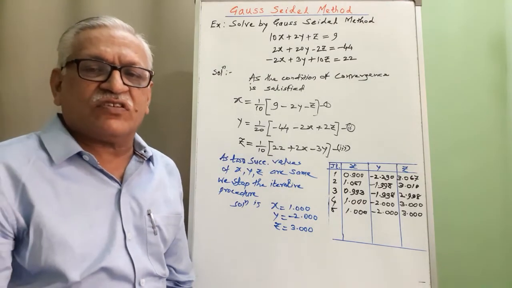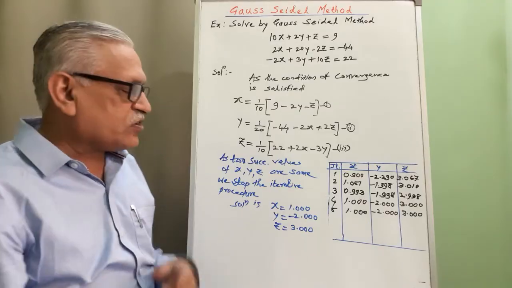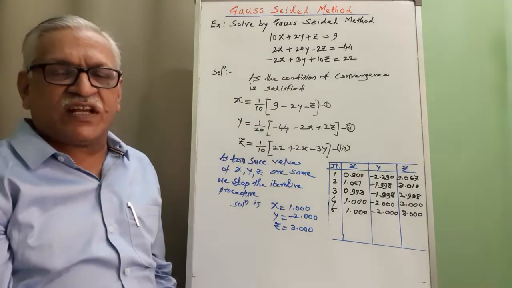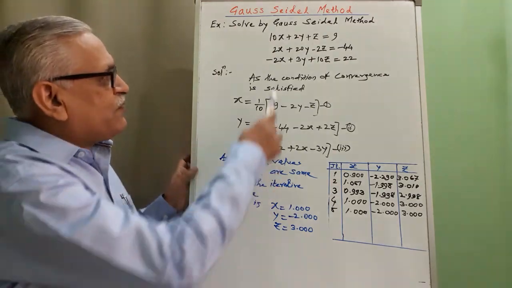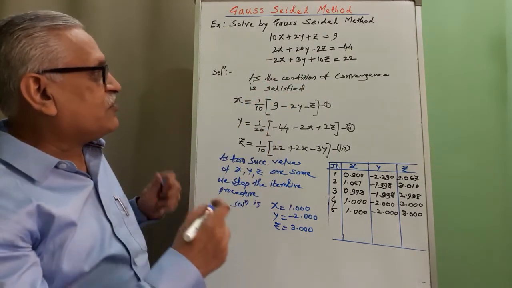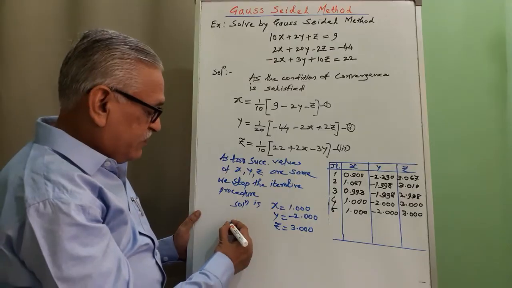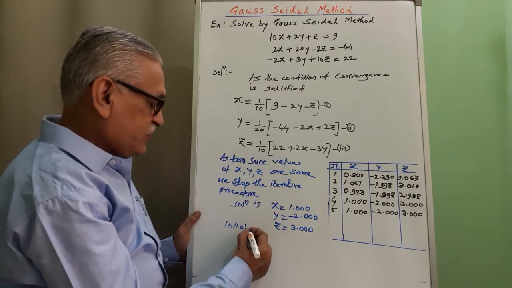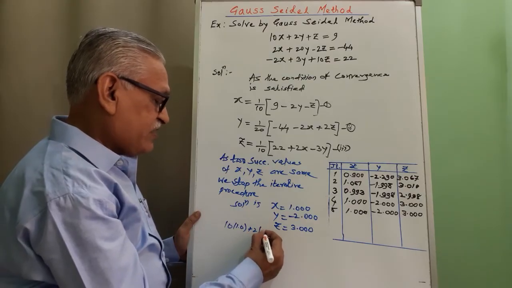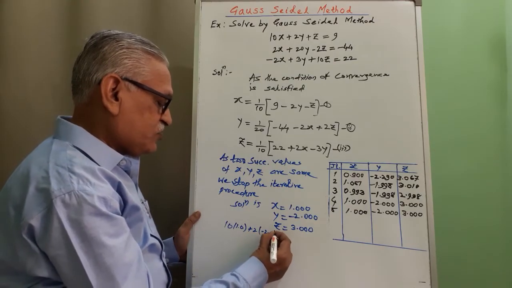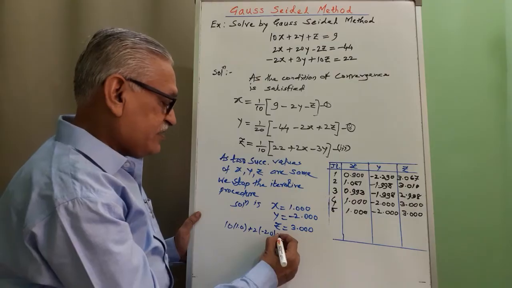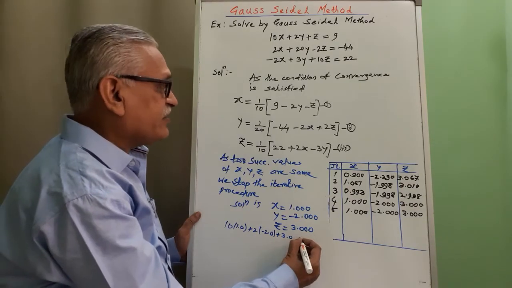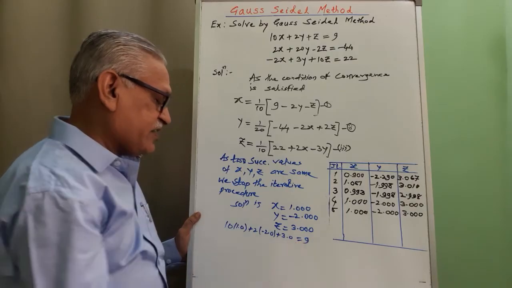Then we can cross check whether the obtained solution is correct or not by substituting these values in the original equations. Therefore, I will perform it for the first. Cross check: 10 into x, we get 10 into 1, plus 2 into y, which is minus 2.000, and plus z, which is 3, equals 9 on the right hand side.